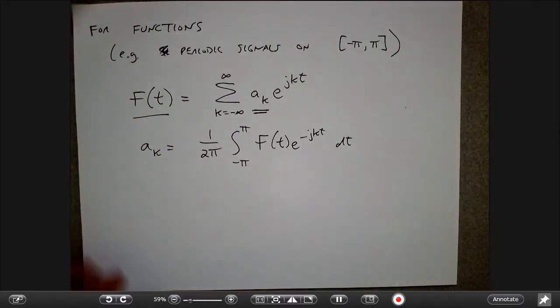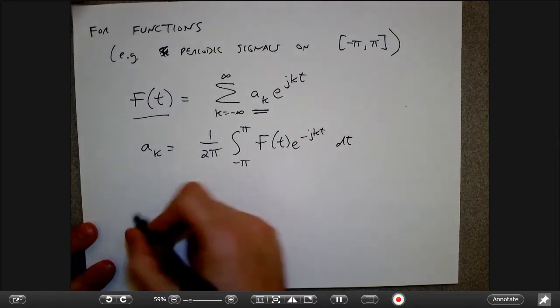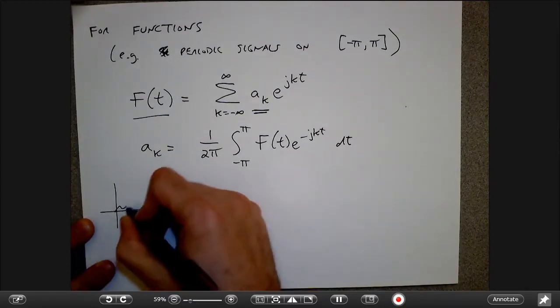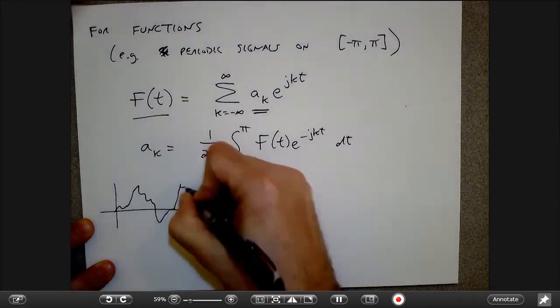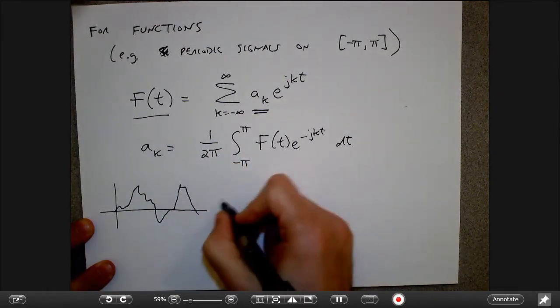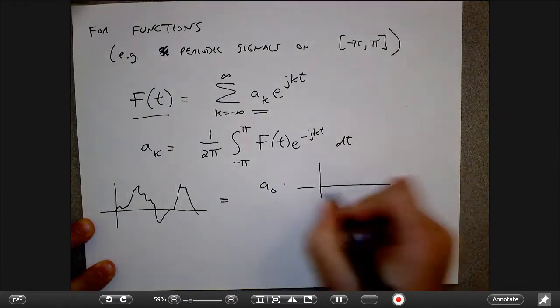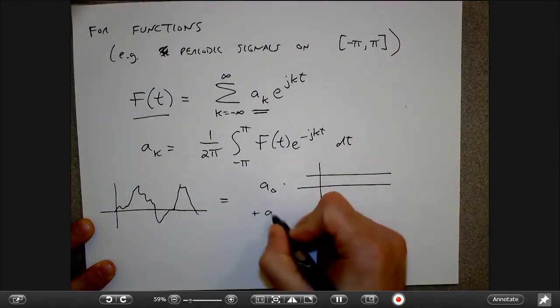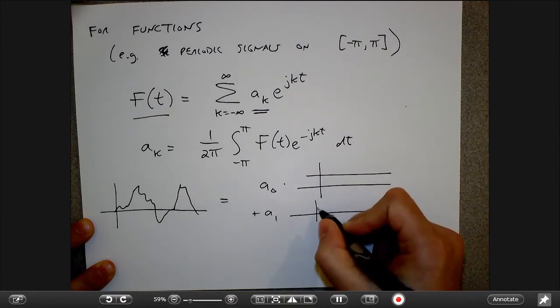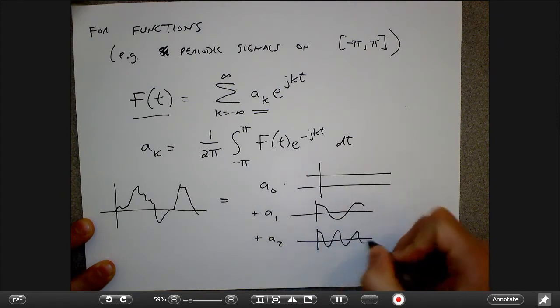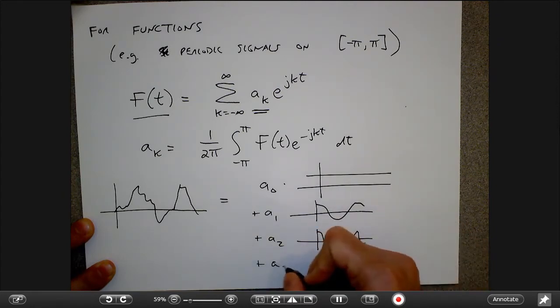Fundamentally, I'm taking the signal, which could be anything as long as it's periodic, and representing it as alpha 0 times the DC coefficient plus A1 times cosines and sines that vary slowly, A2 plus cosines and sines that vary quickly, and so on.